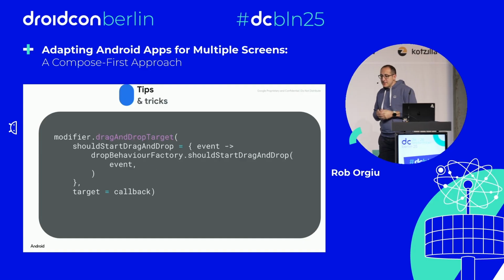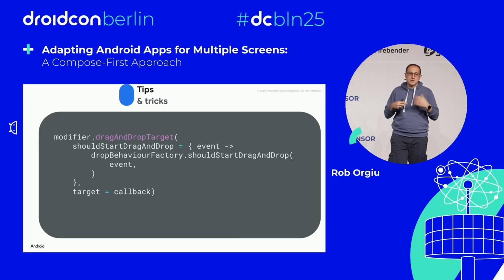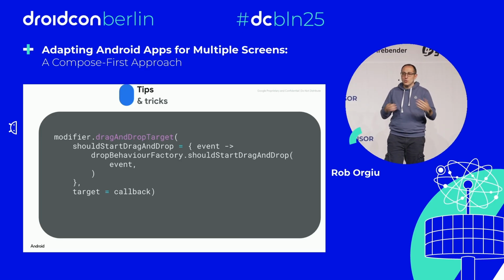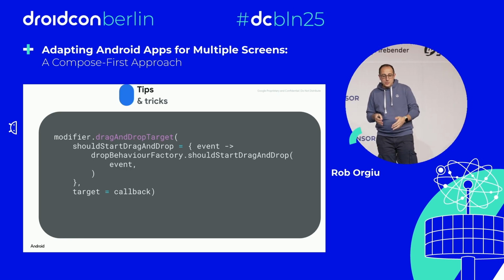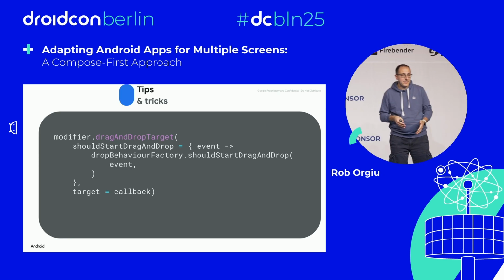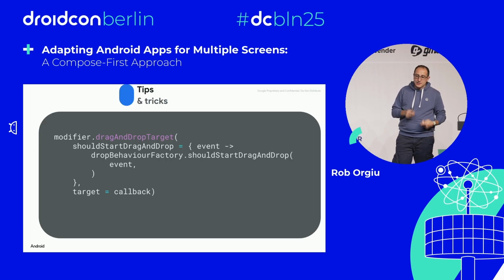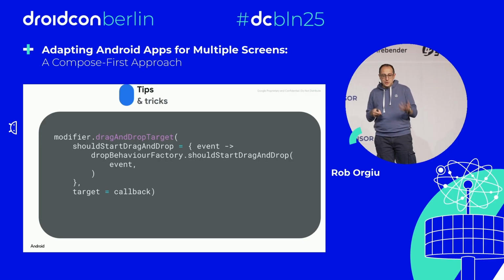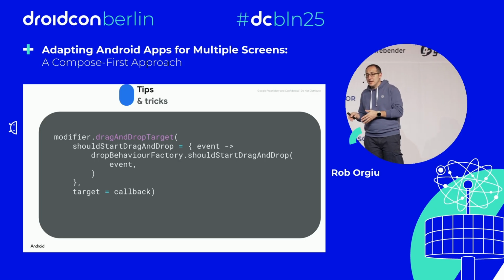And the last step is actually gluing everything together, because so far we only saw how the drag and drop will actually work. So how do you do that inside your composables? Well, you use the dragAndDropTarget modifier. It accepts mainly two parameters: the filter function, which is our shouldStartDragAndDrop method, in which we'll put the filter that we defined.